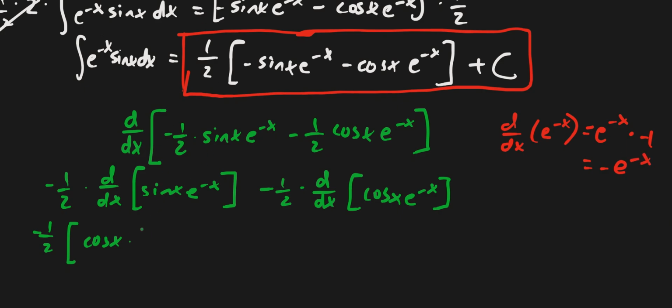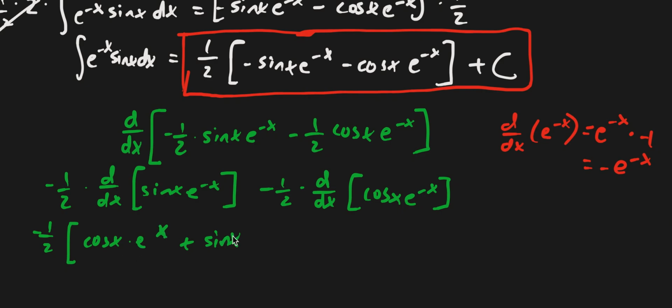So that's times negative e to the negative x, plus, and then sine x times the derivative. This is the product rule, so I find the derivative of both.